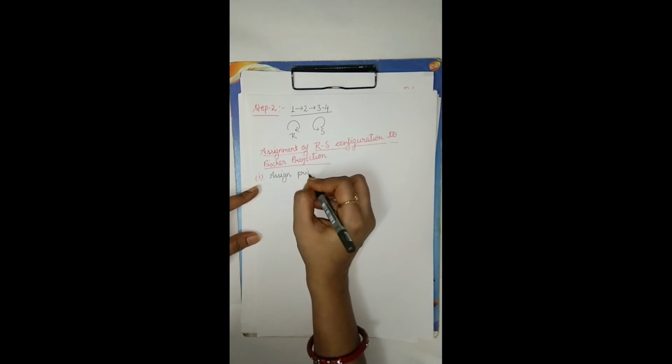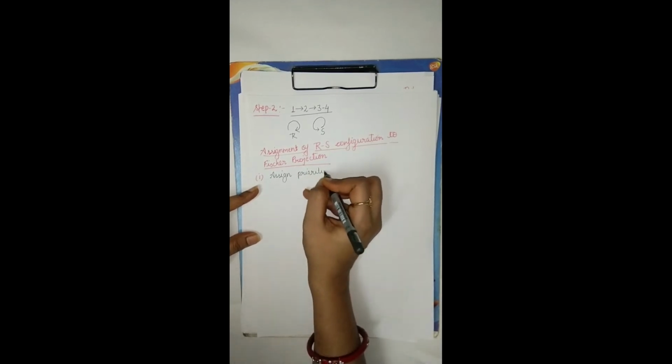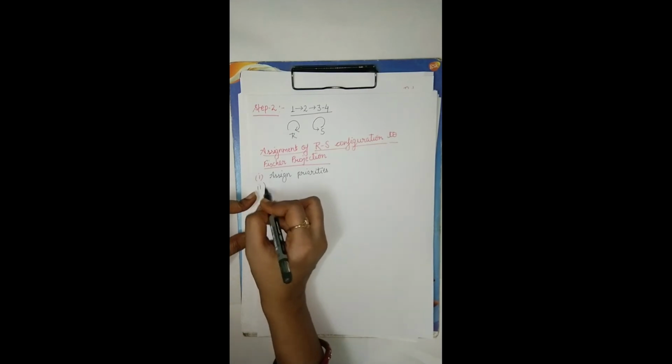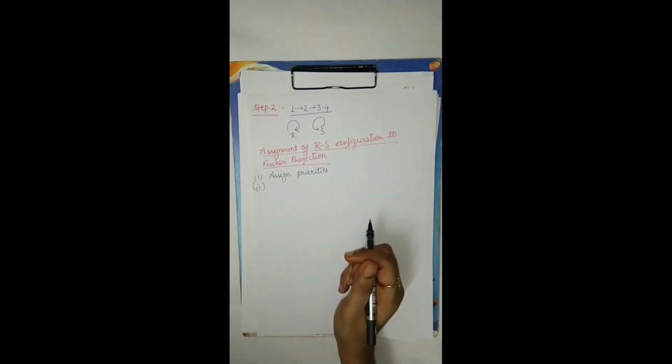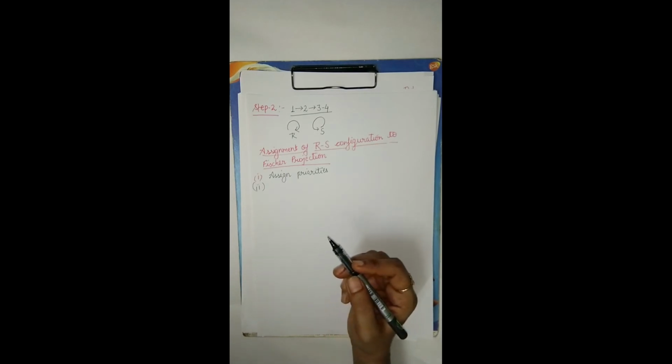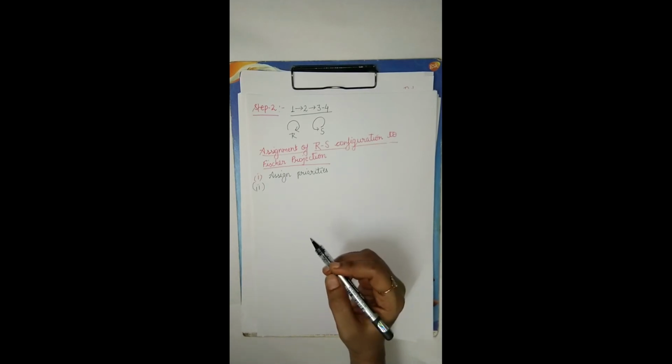Second, if the atom or group of lowest priority occupies a horizontal position in the Fischer projection formula of the organic compound, then make 2 interchanges of atoms or groups in such a way that the atom or group of lowest priority is placed either vertically upward or downward.